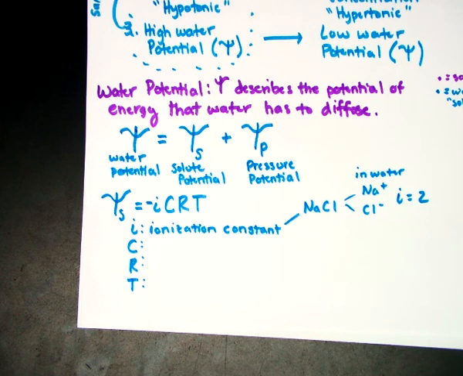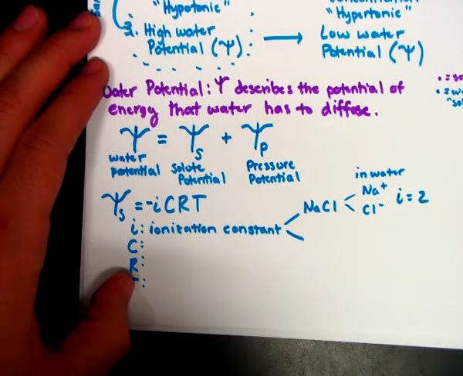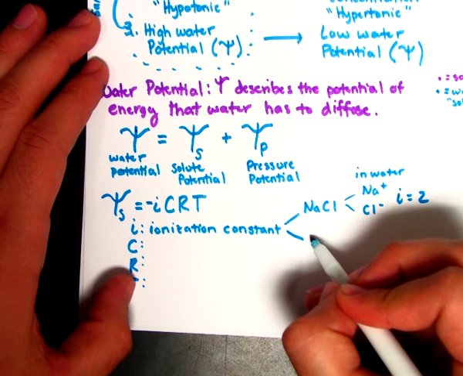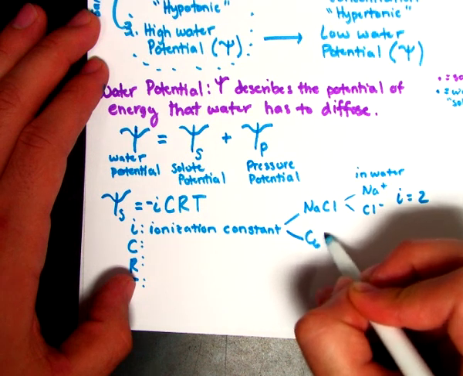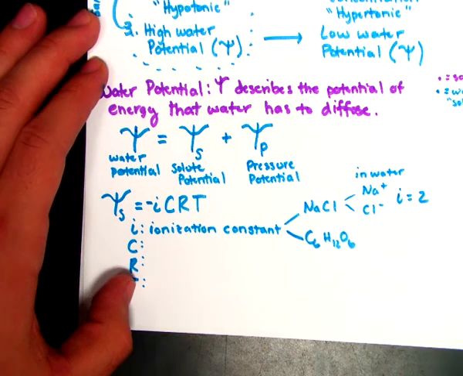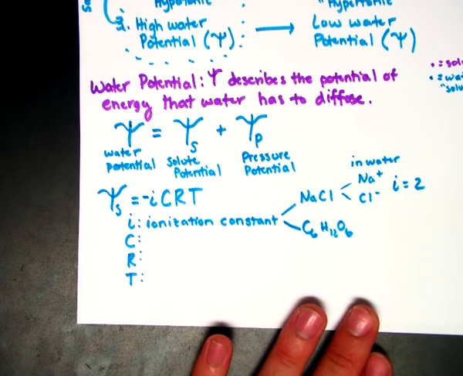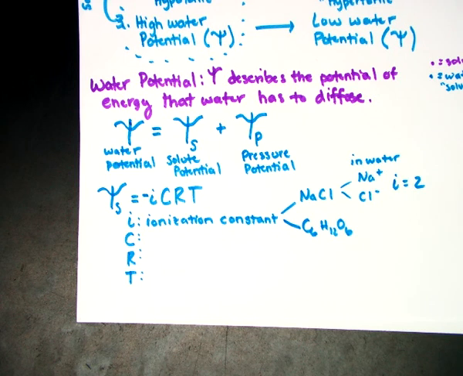An example of an I value of 1 would be glucose, a sugar, or sucrose, a disaccharide. When it's dissolved into water, it doesn't split up.